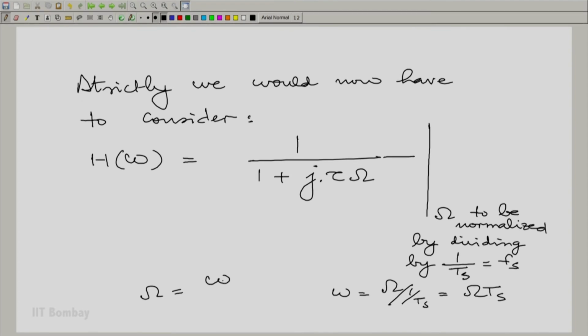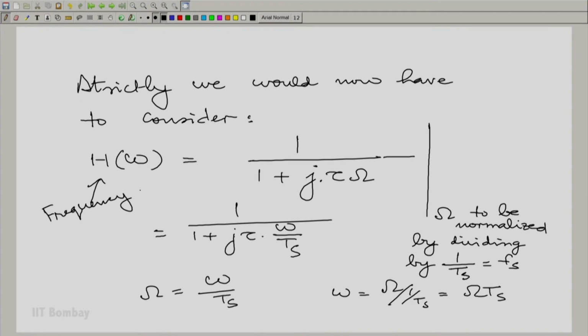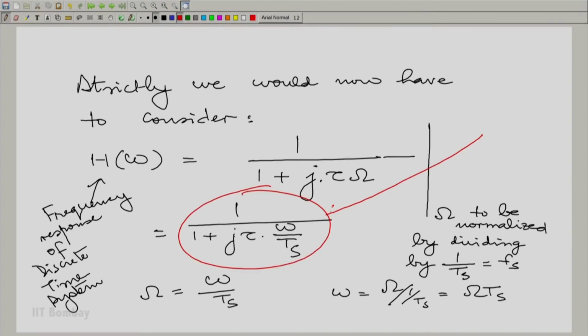So, capital omega is small omega divided by Ts. This is how we obtain the expression for capital H of omega, that is the frequency response of the discrete time system. But then this should be restricted, it is not just for all small omega, this is to be restricted.